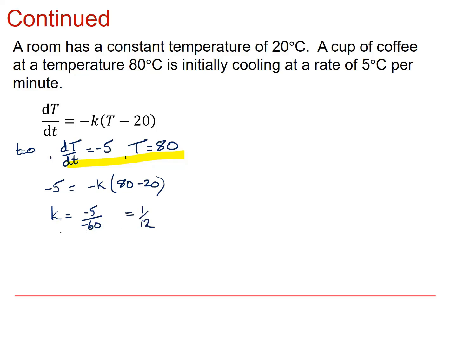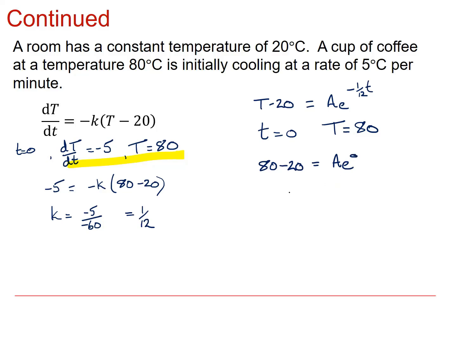So my equation from the previous page then becomes that T minus 20 is equal to A e to the minus 1/12 of t. I've got another constant in here that I want to try and sort out, and I know that when t is equal to 0, the initial temperature is 80. So again, I can plug those in. I'm going to get 80 minus 20 is equal to A e to the 0.